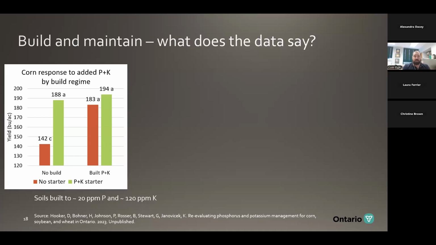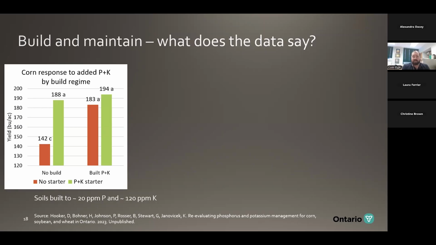So what the results showed is that in a moderate testing soil test level, like we've got on the right two bars here, we generally have our highest chance at high yields. We can also see that there's a small response to added fertilizer, but not a significant one.